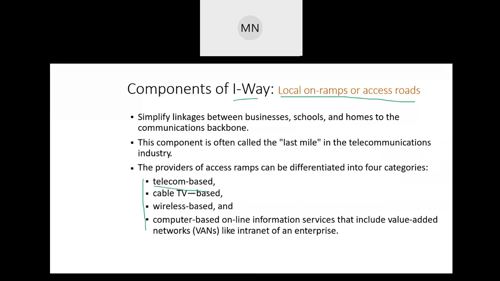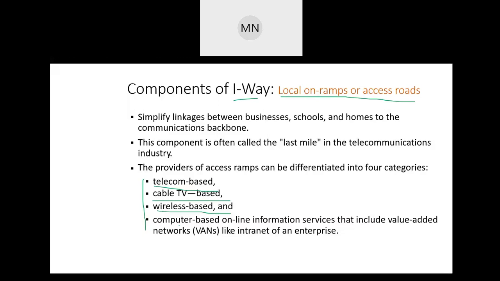Telecom based infrastructures are those in which we use either telephone lines or mobile phones to connect to the global network, whereas cable TV based infrastructure requires set-top boxes through which users can access the digital services provided by the various service servers. Likewise, wireless based infrastructure, in which we can use mobiles or other kinds of wireless devices to connect to the global information networks.